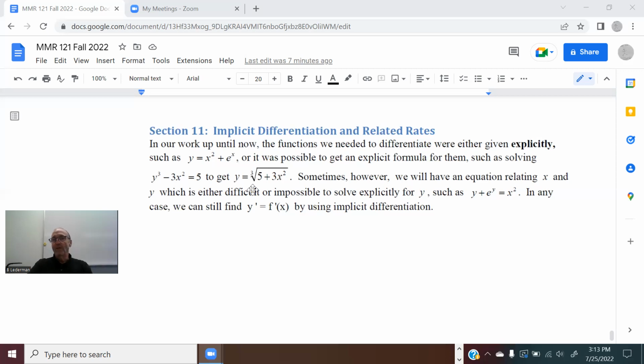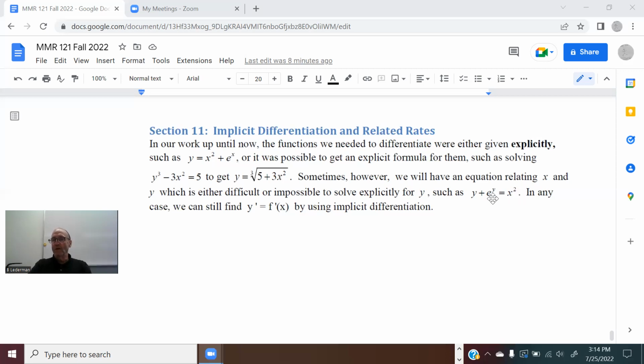But sometimes, and this is really where we need implicit differentiation, you're going to have something like this: y plus e to the y equals x squared. And there's no way you're going to do this. How are you going to solve for y? If you bring e to the y over to the other side, you still need just a y alone on this side and only x's on the other side.